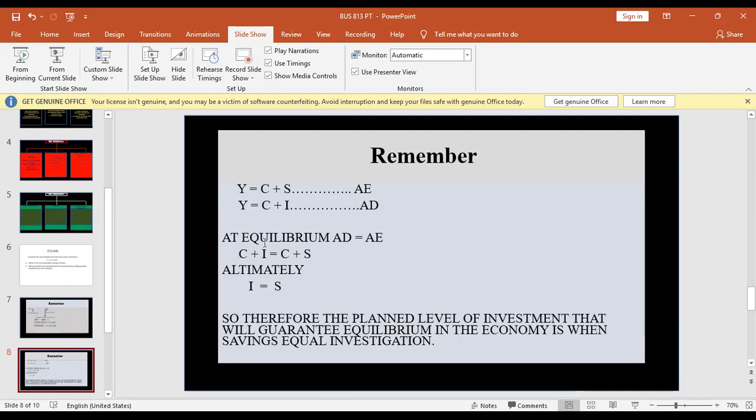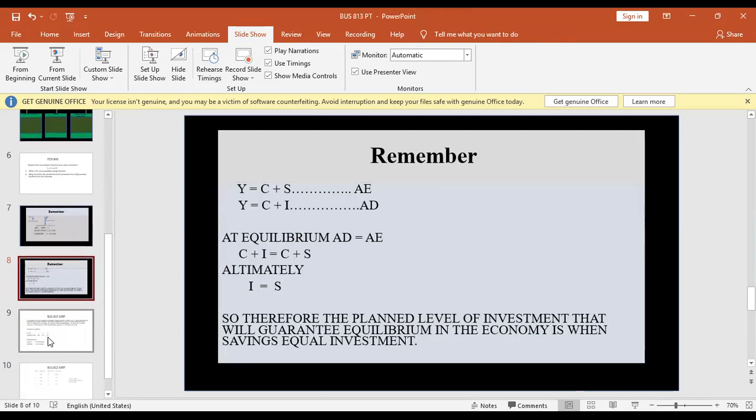Savings. This is at equilibrium. So therefore, the planned level of investment that will guarantee equilibrium in the economy is when savings equals investment. That is what the man is asking, and you move on. That is the end of this.